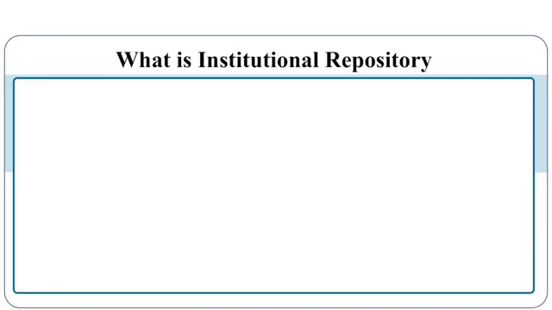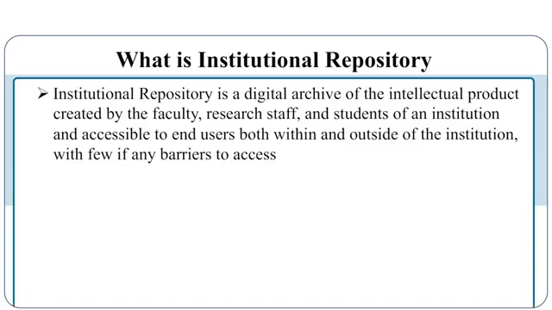Now, what are institutional repositories? These institutional repositories are nothing but digital archives of an institution, which aim to capture the intellectual output of its faculty, research students, research associates, etc., and provide access to end users within the institution or outside the institution through an open access channel, with or without barriers of access.